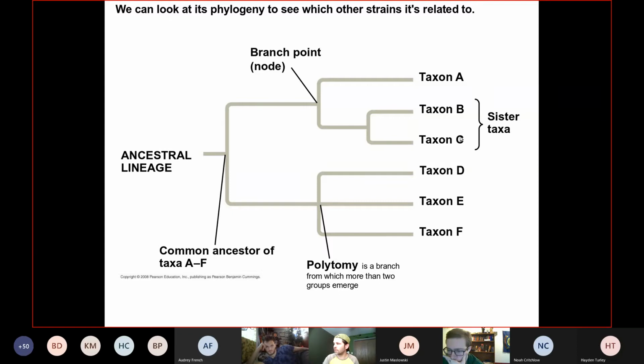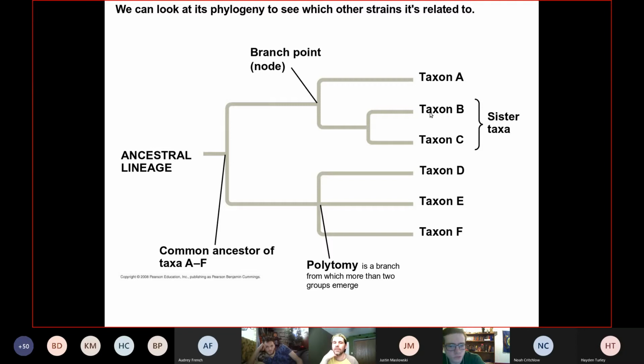Okay, so that's what's being shown here with taxon A, B, and C. B is more closely related to C than it is to A. C is more closely related to B than it is to A. So we can look at this group and say that they are sister to each other.